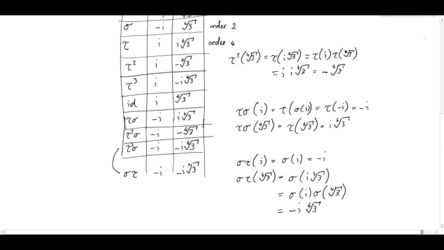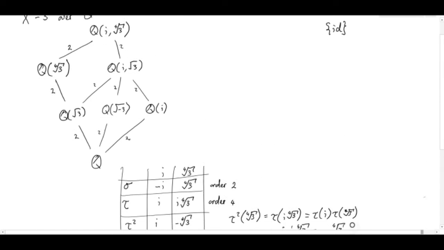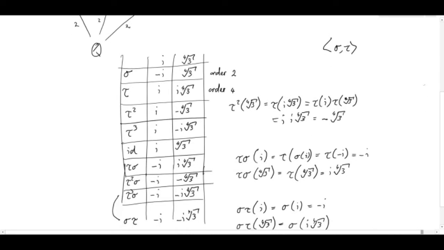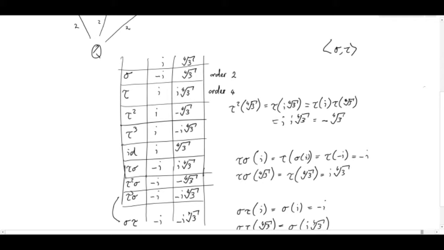Okay, so let us work out all the subgroups of this group. So clearly the full group is generated by sigma and tau. So we've got that at the bottom. What field is the fixed field under all of the automorphisms sigma and tau? Well, only the rational numbers. What are the other subgroups?